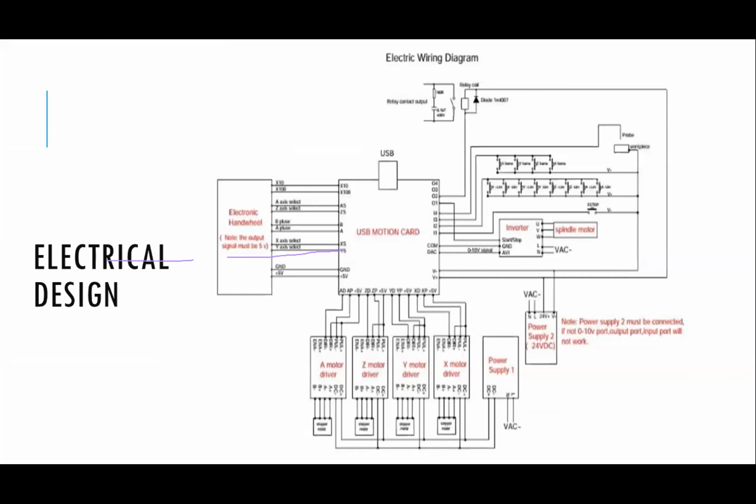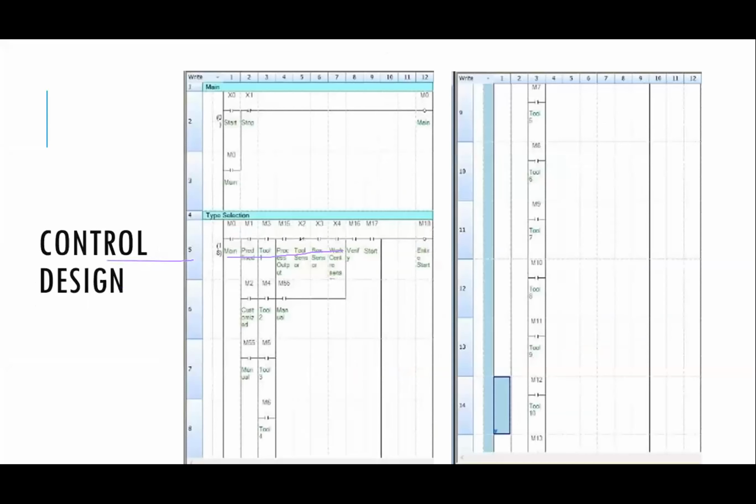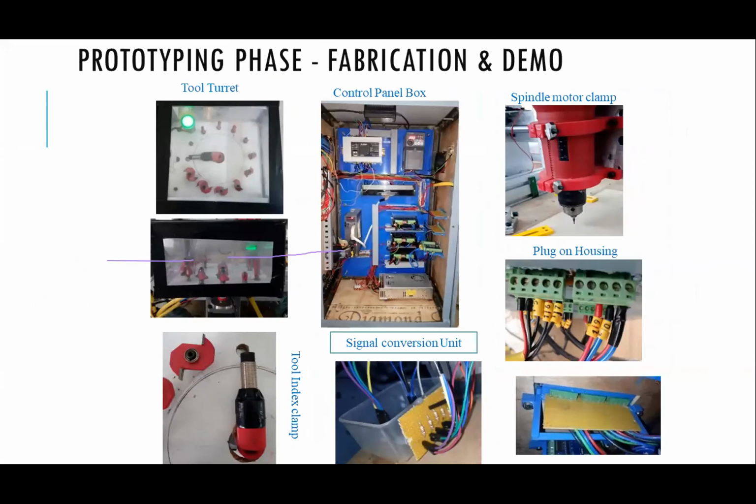This is where the electrical design comes in, where we need to control signals. Again, we have made a control design. Now we have a mechanical design with us, we have an electrical design with us, and we finally have a control design with us.